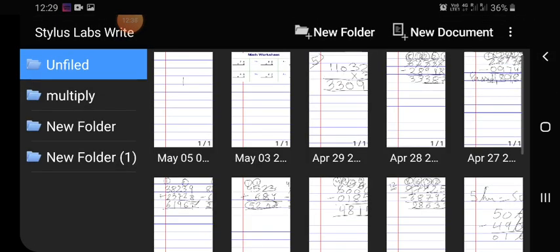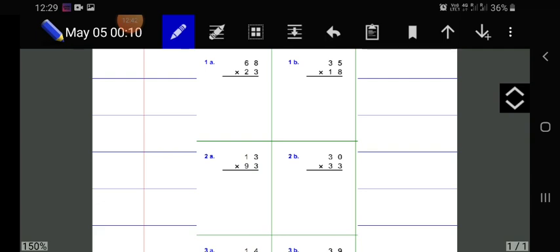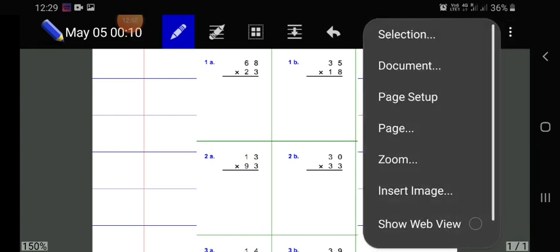Okay, or I should show you with the help of a worksheet also. So this is a worksheet I have prepared for you all.